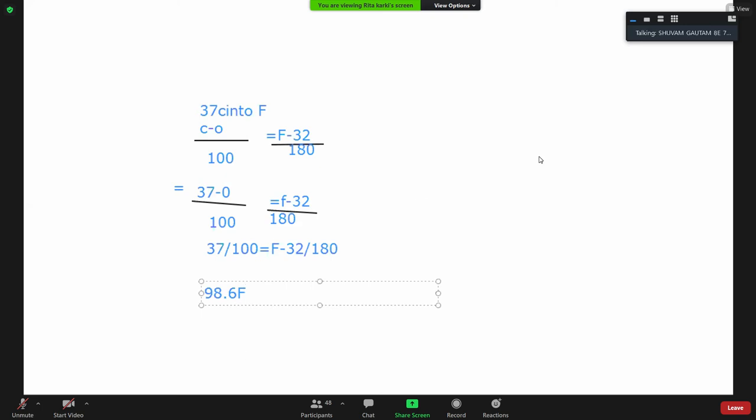Convert 37 degrees Fahrenheit into Celsius.